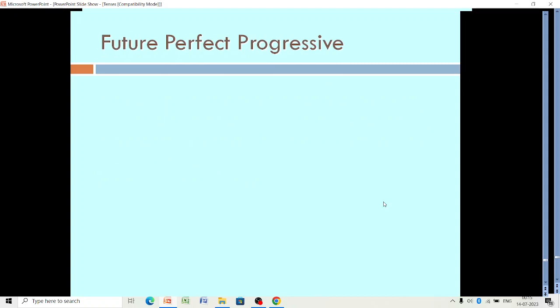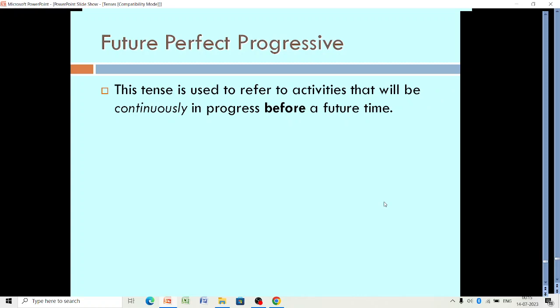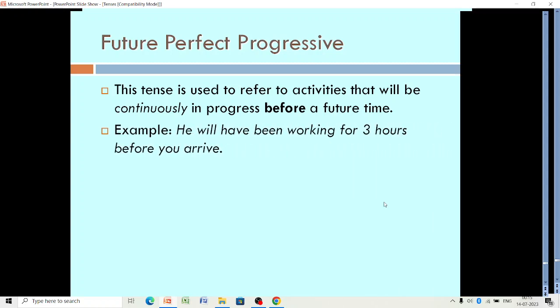Future perfect continuous. This tense is used to refer to activities that will be continuously in progress before a future time. He will have been working for 3 hours before you arrive. So you have scheduled to come at a particular time.